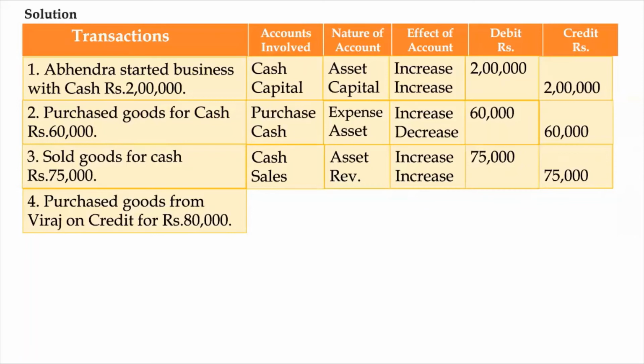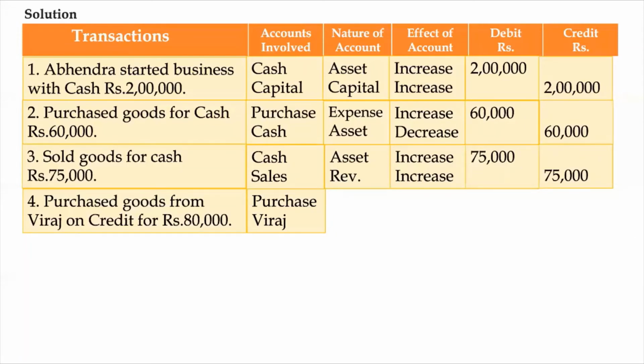First is purchases. You are purchasing something. Okay. And the second is Viraj. Viraj is the person from whom you are purchasing your goods on credit basis. So purchase and Viraj are the accounts that are involved in this transaction. Okay. So purchases account and Viraj's account.